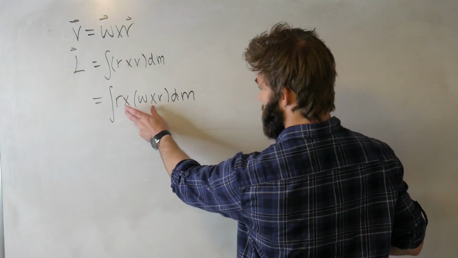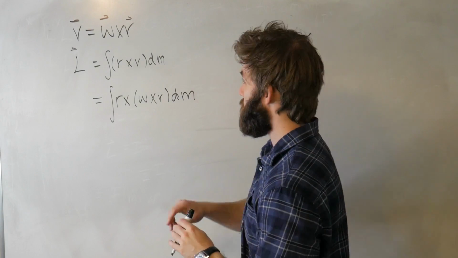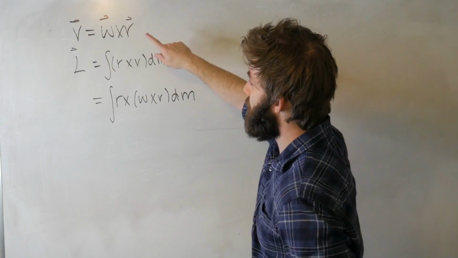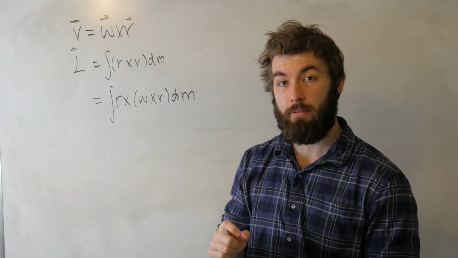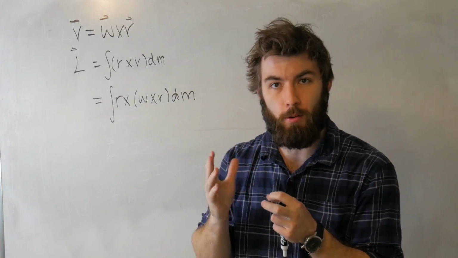And we can expand this by using certain cross product identities. I do want to be a bit clear on this notation here. What I'm saying is that r is going to be the distance from that dm to this new instantaneous little point that it's rotating about.